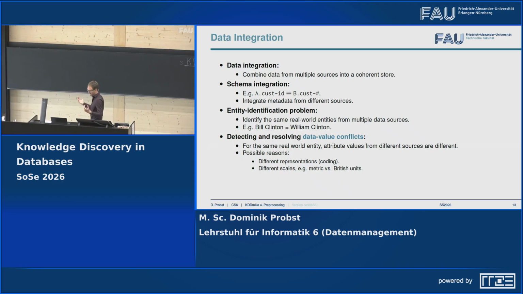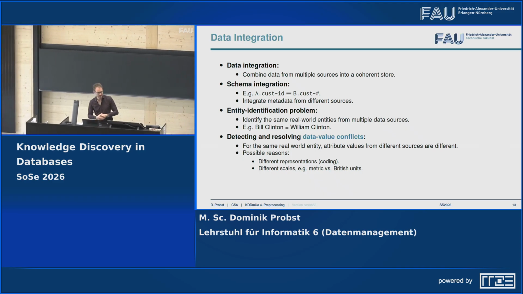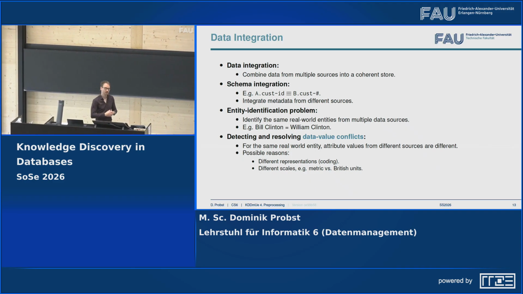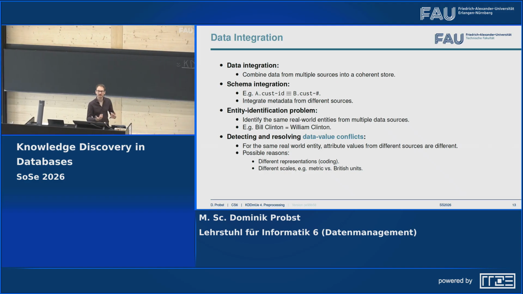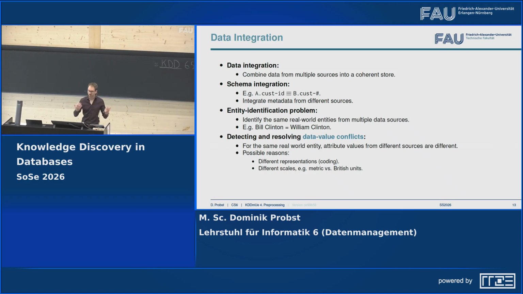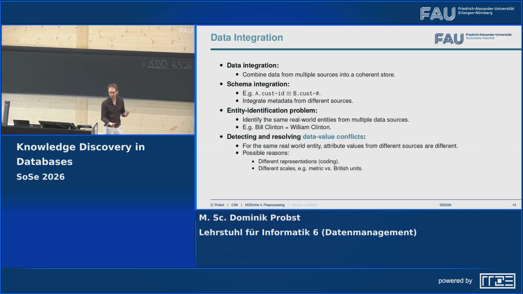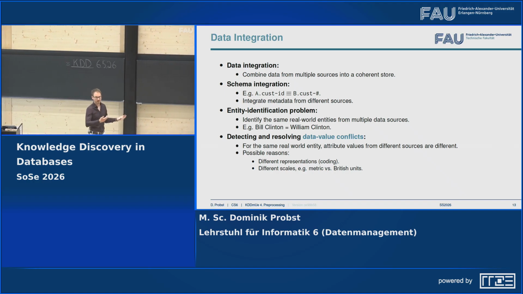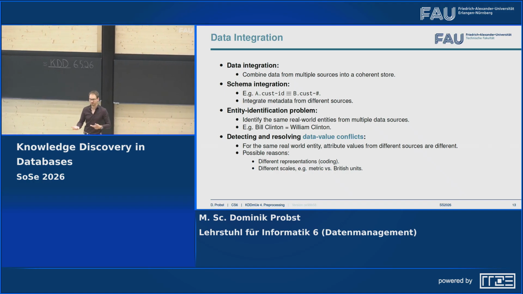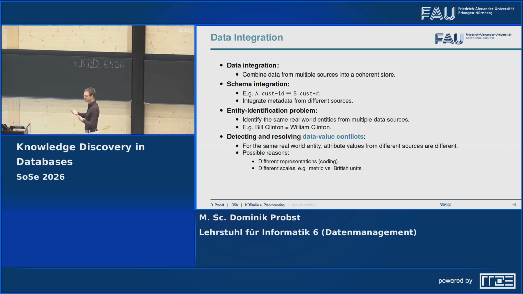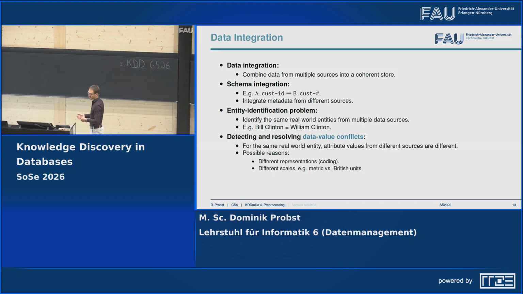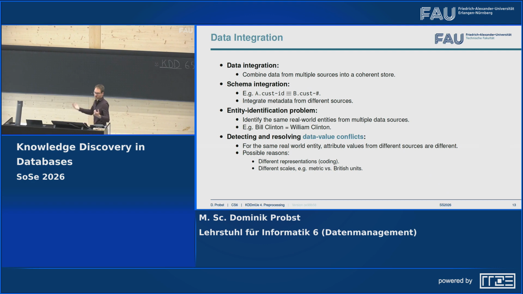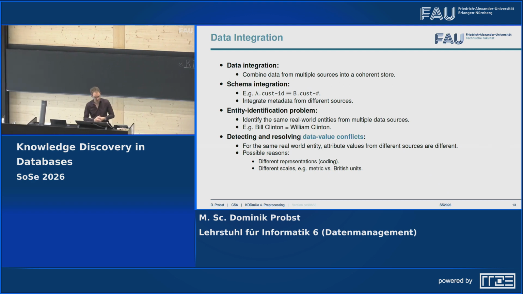By combining data sources together into one coherent store, we of course have to make sure data is consistent. For example, we talked last week about different inconsistencies. For example, genders might be displayed as male and female or M and F in different data stores. That's a case of inconsistency and has to be put into a coherent store.